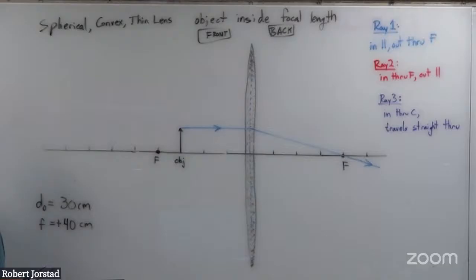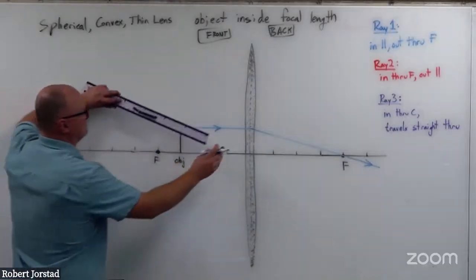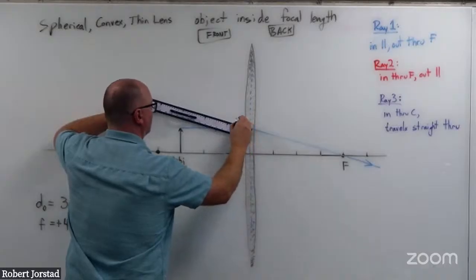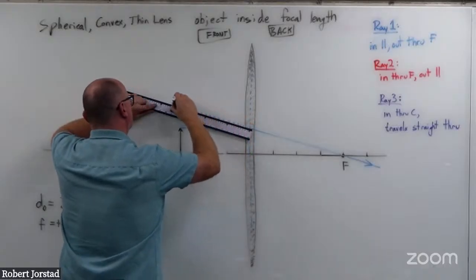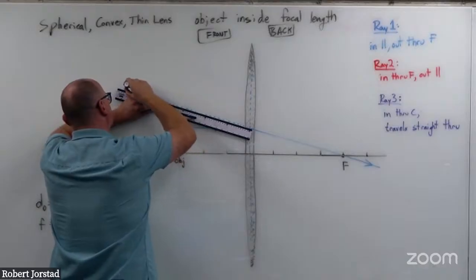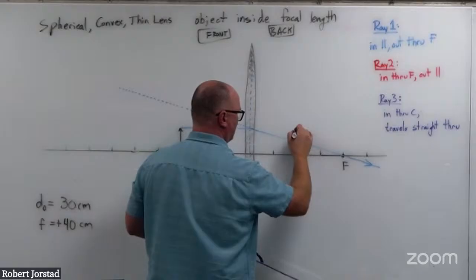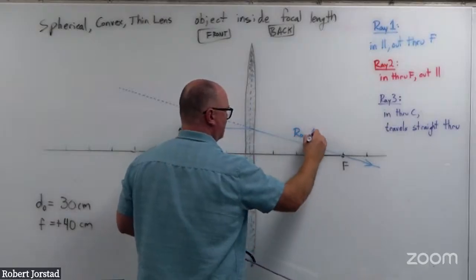Now, back extend the output. Okay, and I'll label this on this side just so I have room. Ray 1.